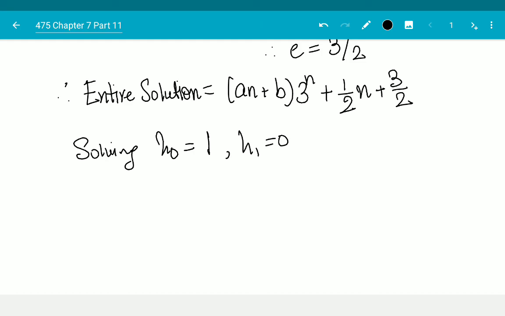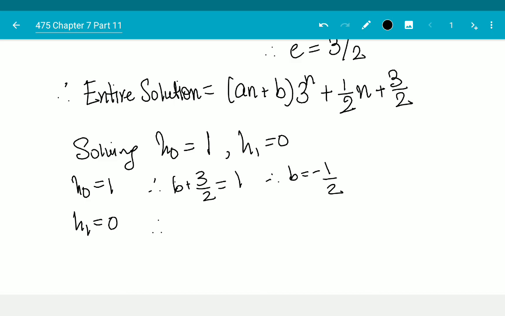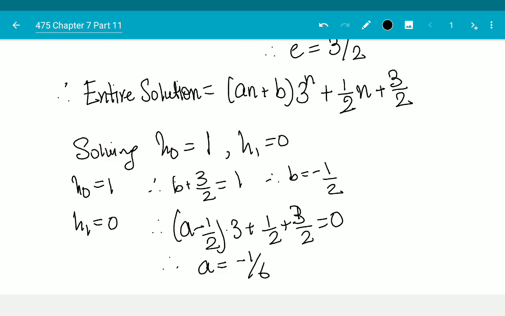H of 0 is equal to 1, therefore b is equal to negative 1/2. H of 1 is equal to 0, therefore a minus 1 over 2 times 3 plus 1 over 2 plus 3 over 2 is equal to 0. And therefore, solving for all of this, I get a is equal to negative 1 over 6.